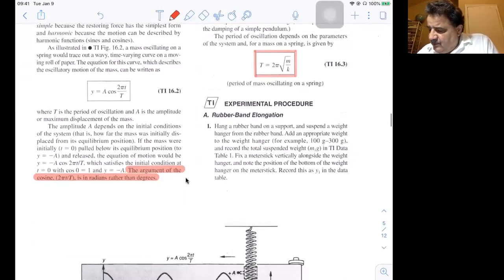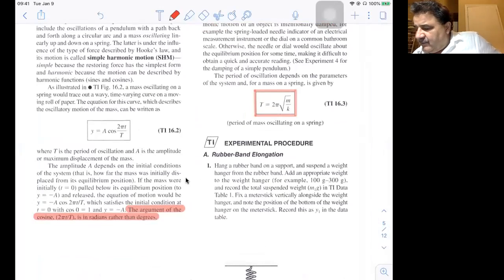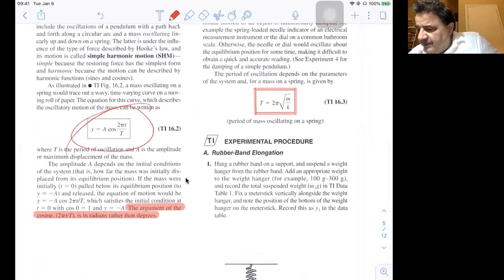Okay. Here's an important point. The argument of the cosine term, cosine 2 pi t over the period, is in radians rather than degrees for this equation they're talking about.